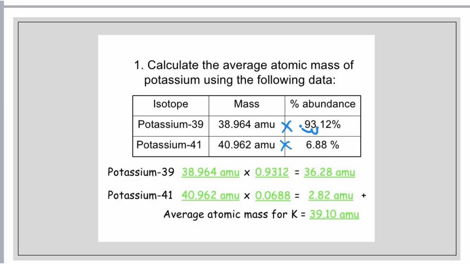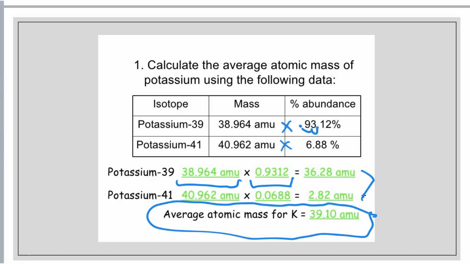You move that decimal over 2, and so you have 38.964 times 0.9, and you get that, and you add it to the other isotope to get the average mass. And I would say most elements have like 2, but they could also have 3, 4, 5, even more isotopes. But for the problems we're going to work on, they're probably going to have 2, 3, or 4.